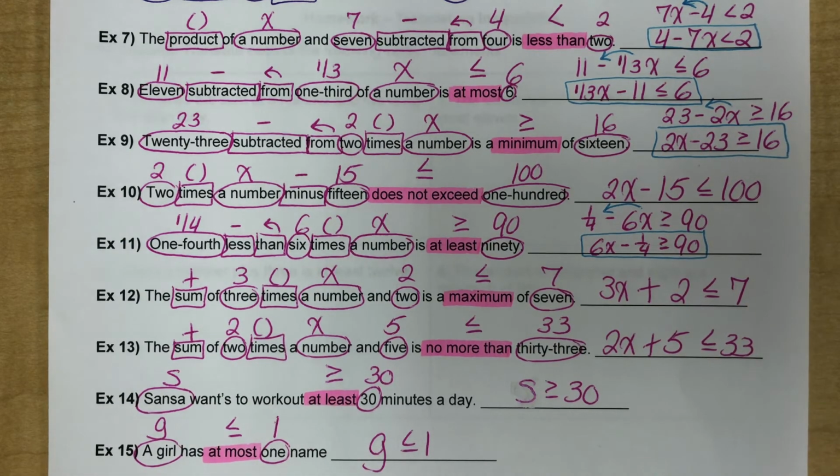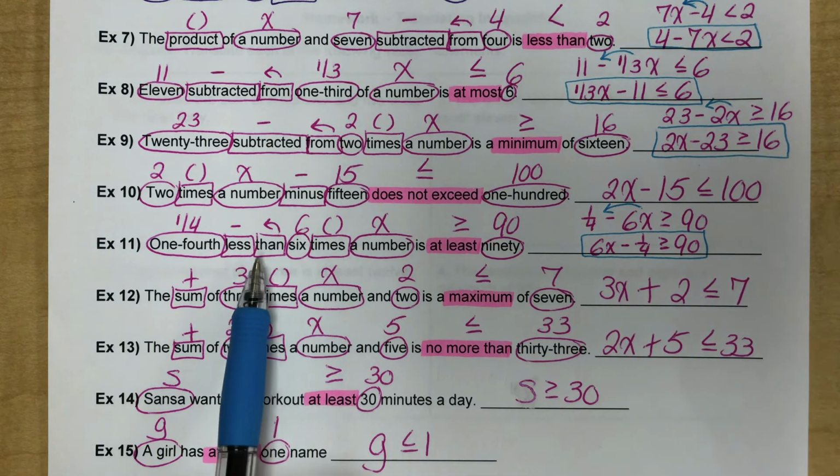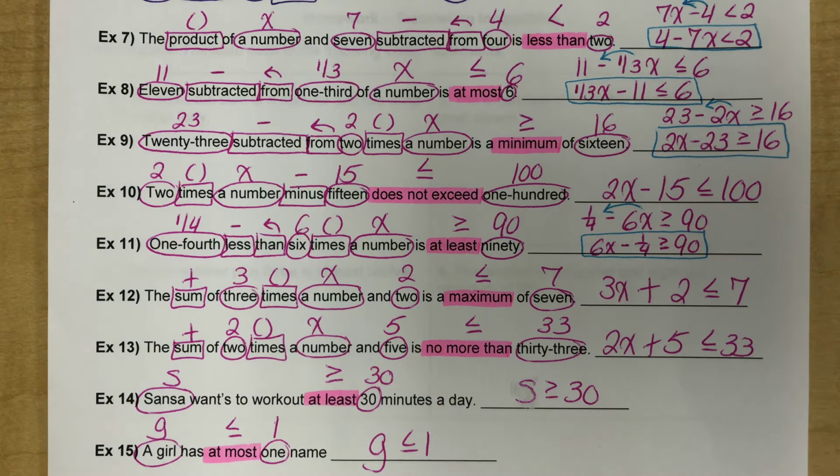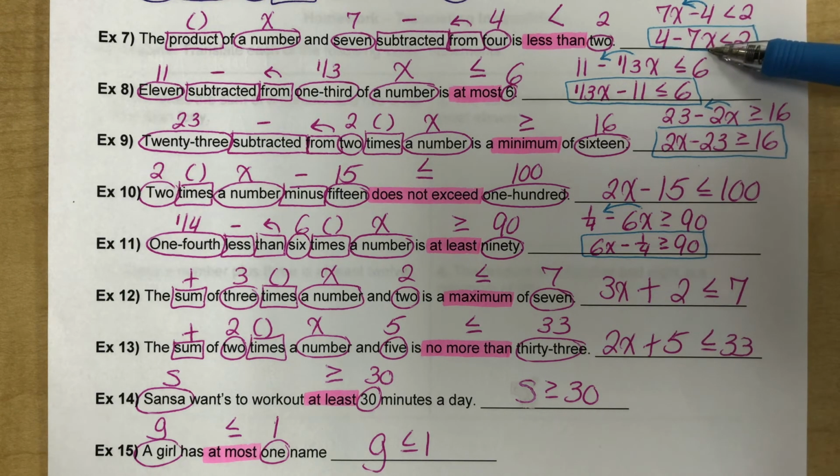All right, here are the answers to 7 through 15. I can see here that number 7, number 8, number 9, and number 11 all had that key switch word "than" or "from" within them. So again, after you cube the question, you want to make sure that after you've written it out, you switch those key numbers so that you get the correct answer at the end.